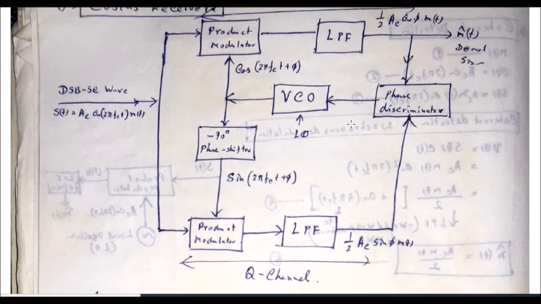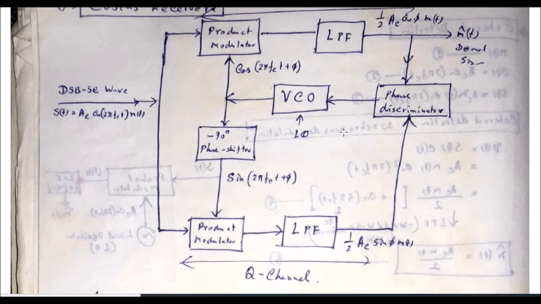That means if phi is increased at any time, what will happen? V0 will also increase at the output of the phase discriminator. That increased V0 is applied to the VCO now. I just discussed the wrong thing earlier.